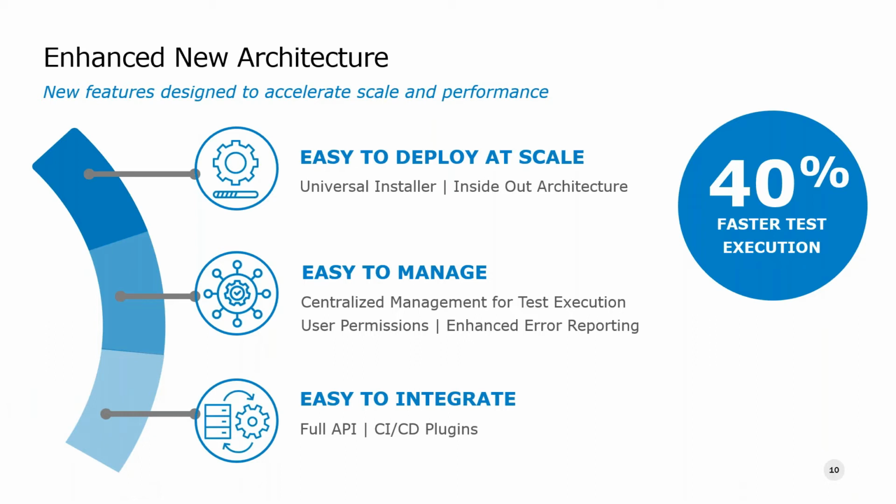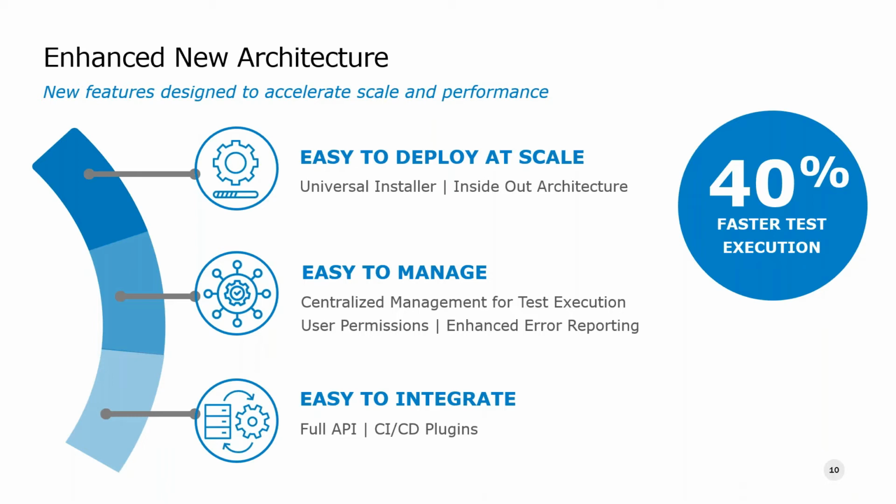And speaking of CI/CD pipelines, as we look at modern DevOps environments, that ability to be a full portion of any CI/CD pipeline is becoming more and more important for maintaining quick, fast, and agile releases to your customer base.